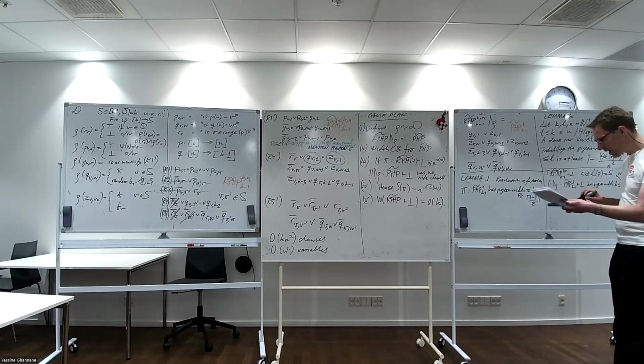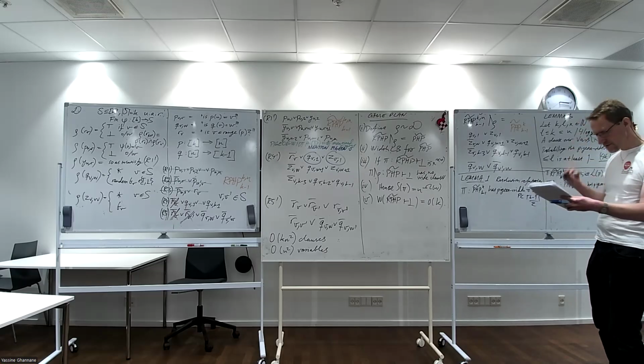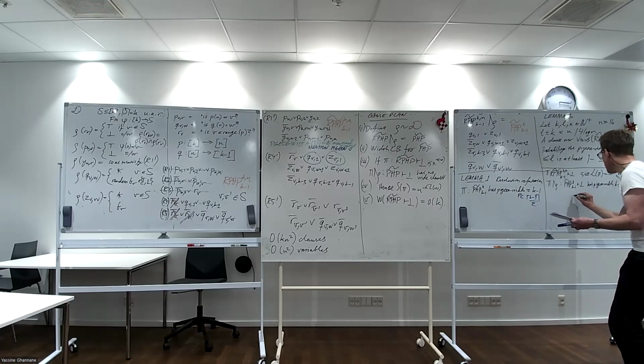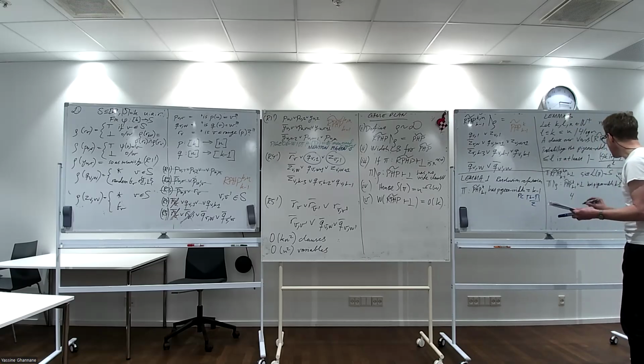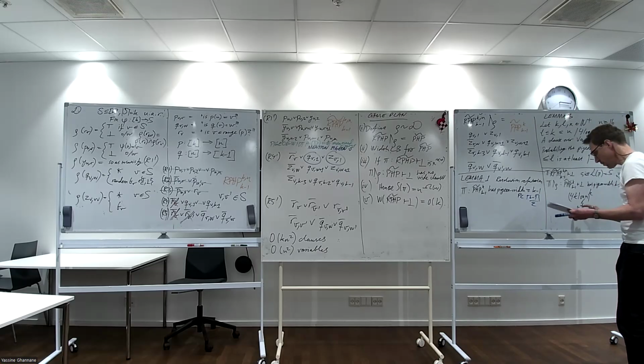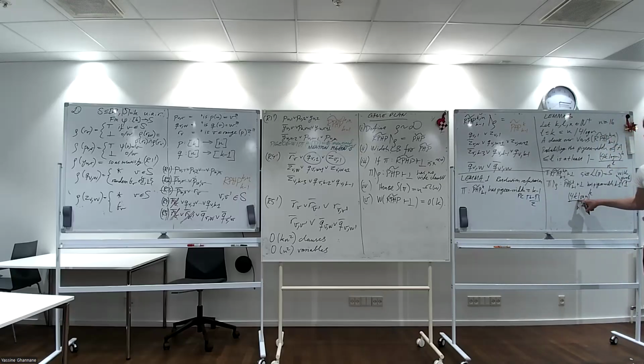The probability that a single clause has large pigeon width is actually less than this. Now I want to plug in pigeon width k minus 1, so I'm fixing l to be k minus 1. For a single clause, this is the probability that the clause has pigeon width k minus 1. This is an upper bound.